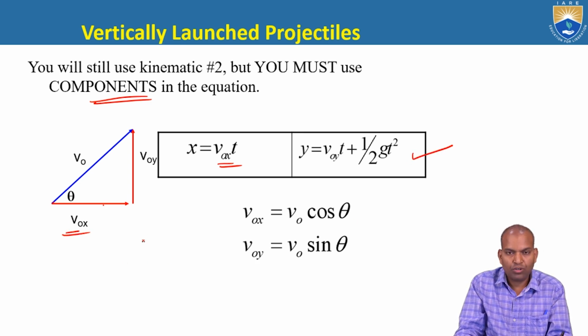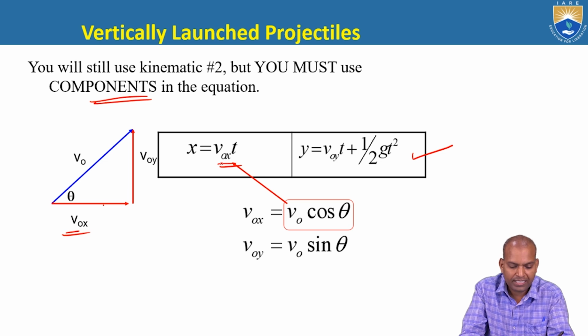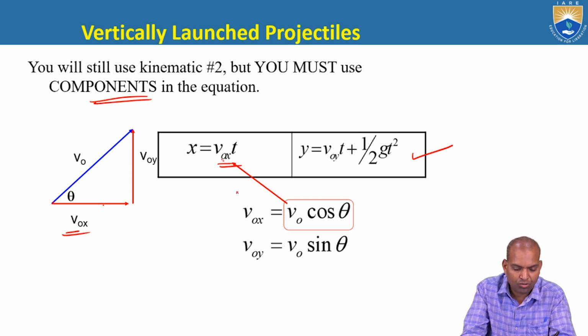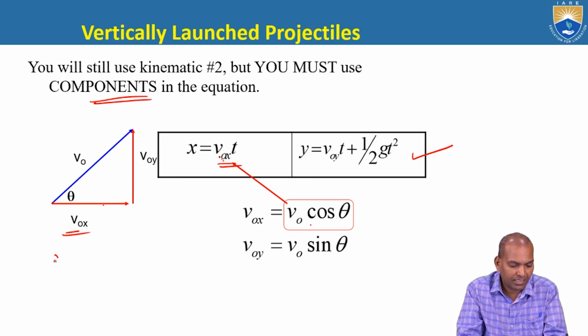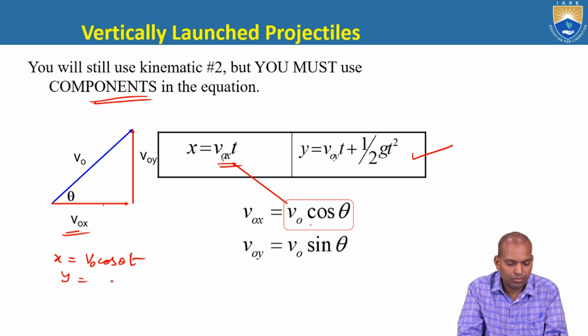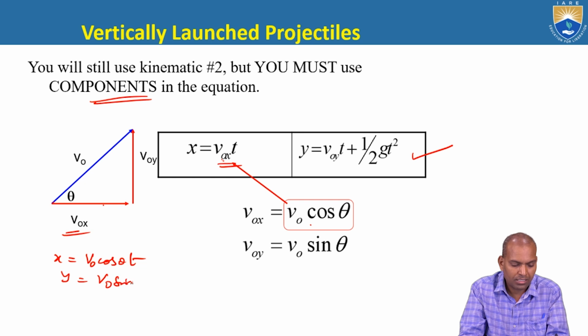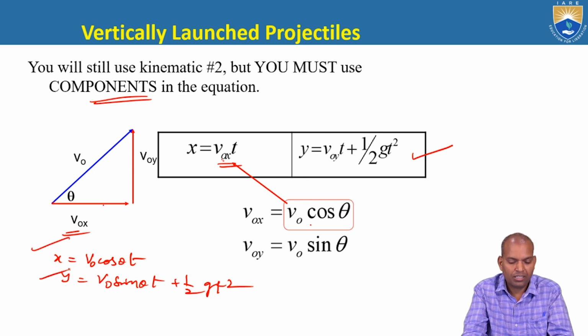What is V0x equal to? V0 cos theta, and V0y equals V0 sin theta. We have to substitute. Then x equals V0 cos theta times t and y equals V0 sin theta times t plus half g t squared. These are the horizontal and the vertical components.